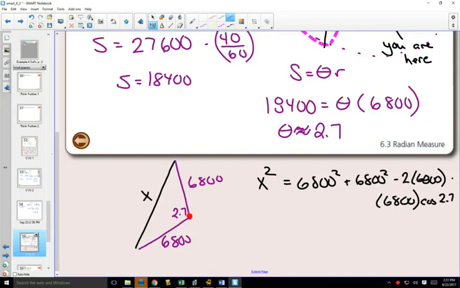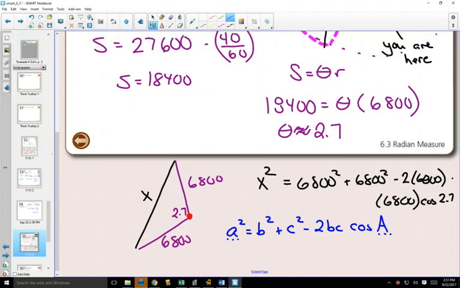I'll write out the formula again for you: a squared = b squared + c squared - 2bc cos A.